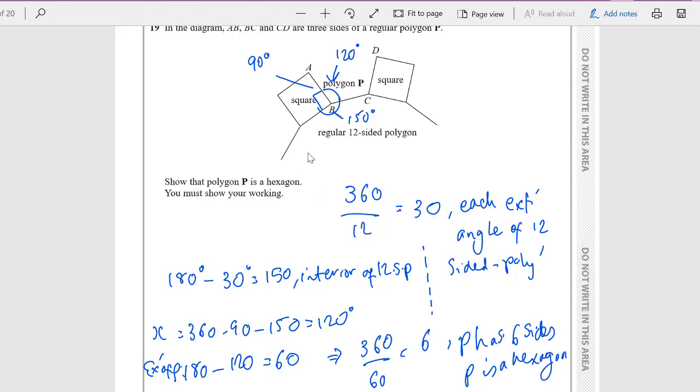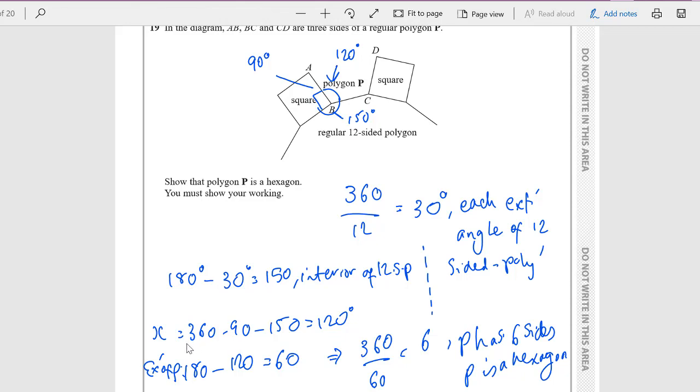So just a recap. We know that for a 12-sided polygon, if we divide 360 by 12, we will know that the exterior angle of the 12-sided polygon is 30, and then we know that the interior is going to be 180 minus 30, 150.